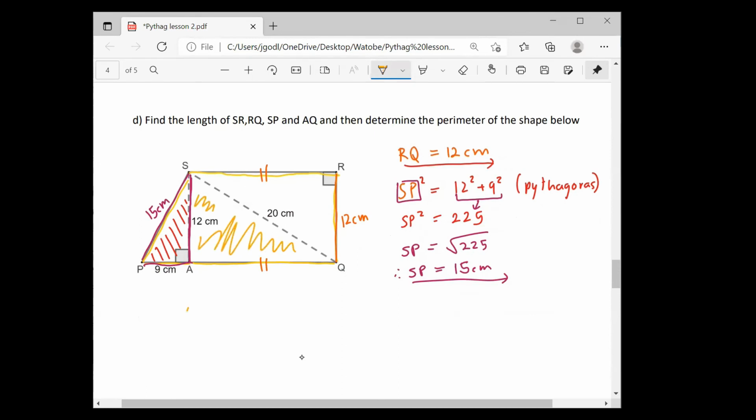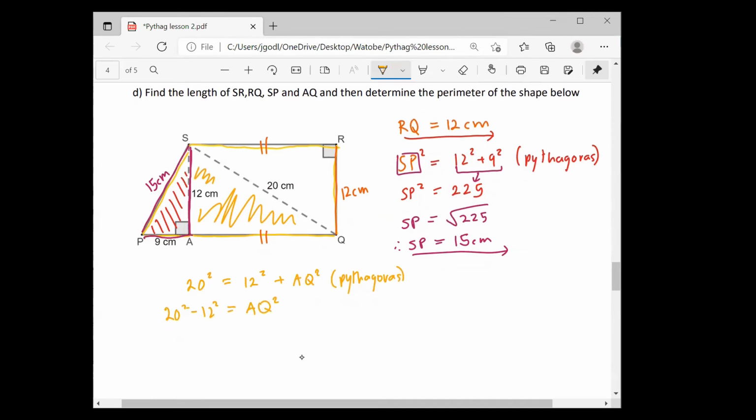So we had said that that hypotenuse is 20 squared. My one side is 12 squared. My other side that I don't know is AQ squared, and we know that because of Pythagoras. So I'm going to move that 12 squared over. That's equal to AQ squared. I'm going to chuck that in my calculator.